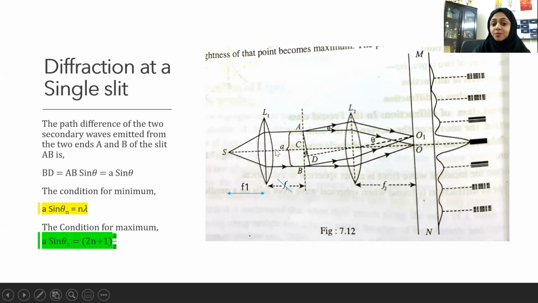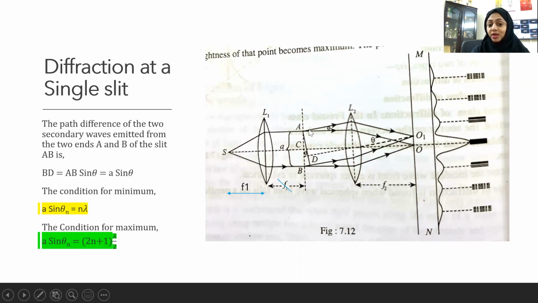Now these parallel beams of light are made to be incident on an aperture or slit AB having a width a. Now the light rays coming out of this single slit are made to fall on a screen. But to get them focused on the screen, we are using another lens L2.